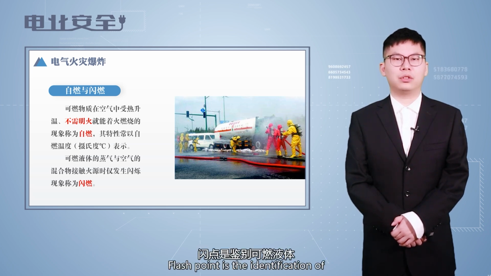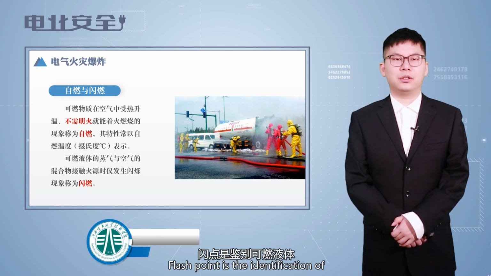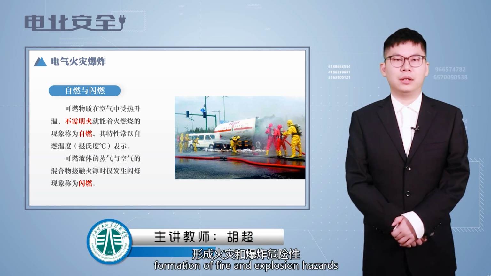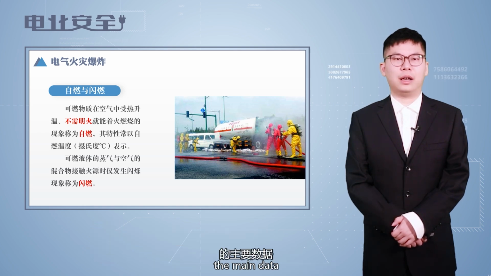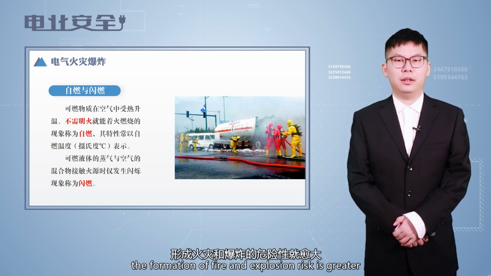Flash point is the main data for identifying flammable liquids and the formation of fire and explosion hazards: the lower the flash point, the greater the risk of fire and explosion.